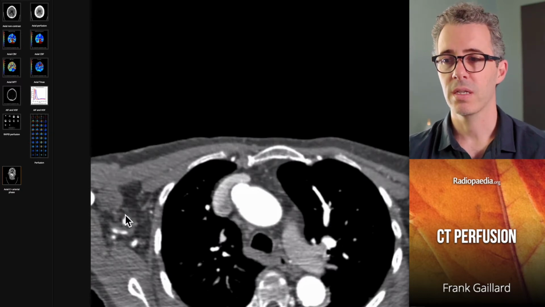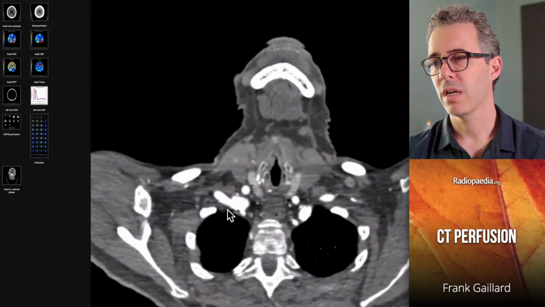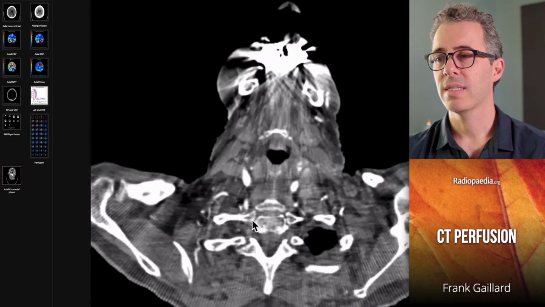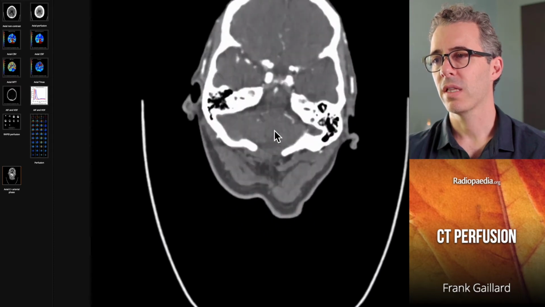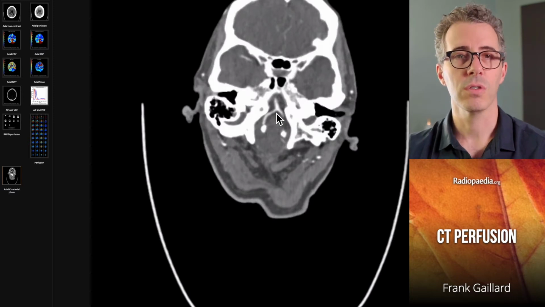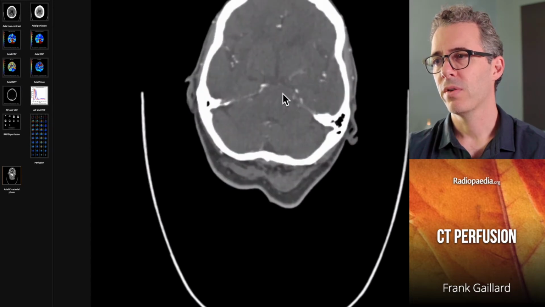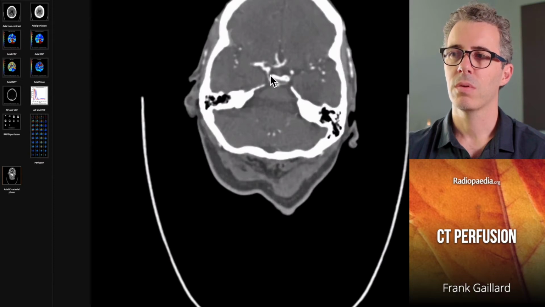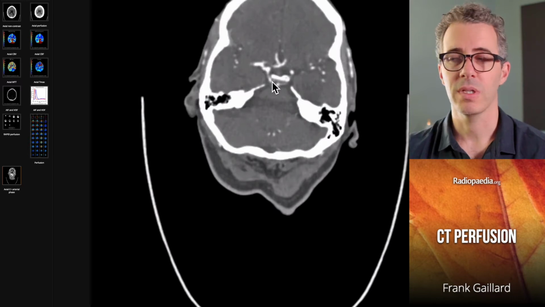And so contrast comes up through the axillary artery into the subclavian artery to the origin of the right vertebral artery, and then passes antegradely up the vertebral artery into the basilar circulation, which is what we used to determine the arterial input function and therefore occurred way too early, and then up to the basilar, where it supplies the posterior cerebral on the left, but note that there's a fetal right posterior cerebral artery accounting for why on the right the PCA territory is spared.